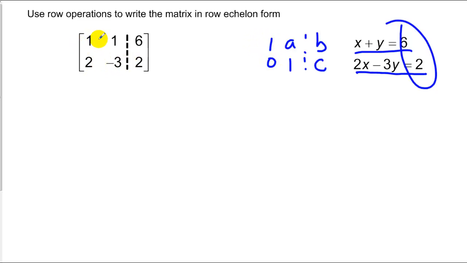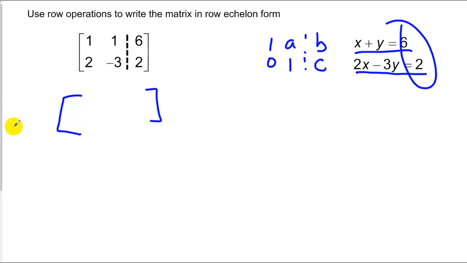Since I already have a 1 here, all I really need to do is make this term a 0. Now I can do that by multiplying my top row by -2 and adding it to this bottom row and replacing that bottom row. That's one of the things that I could do by elementary row operations to get the same matrix back, or an equivalent matrix, not necessarily the same.